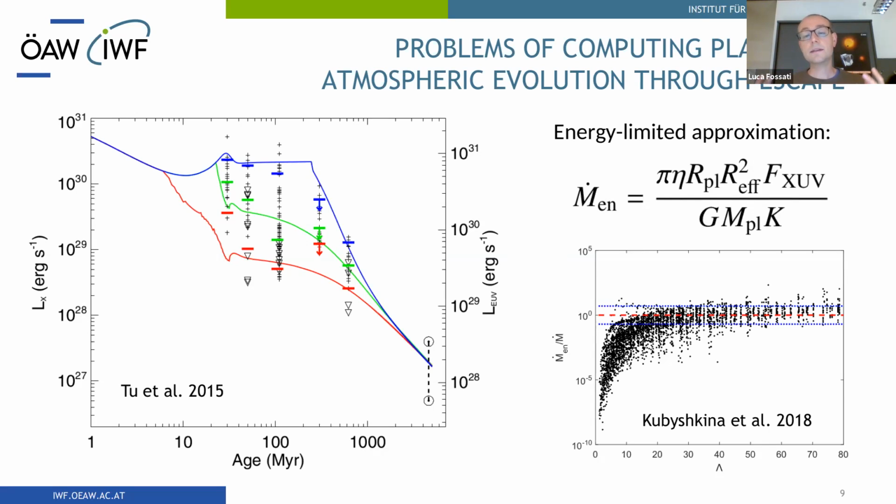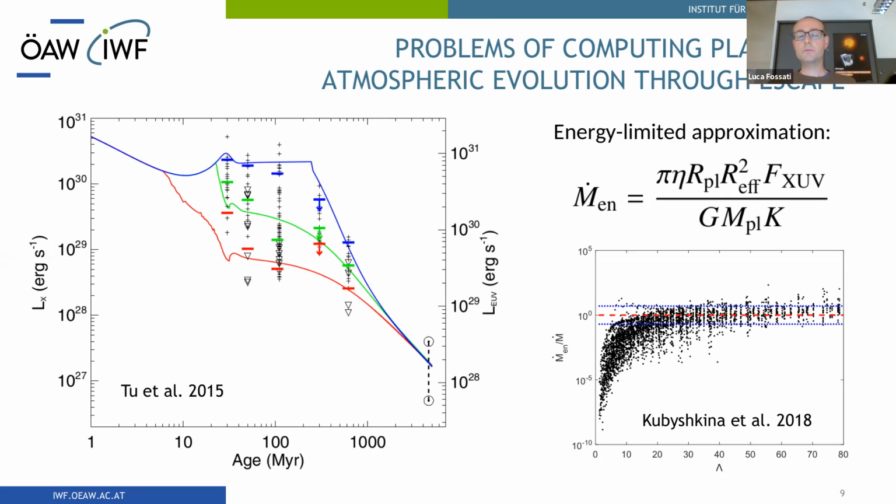And the differences are very large, of several orders of magnitude. And therefore, it is not really possible to use the energy limited approximation to reliably compute atmospheric evolution, accounting for escape.